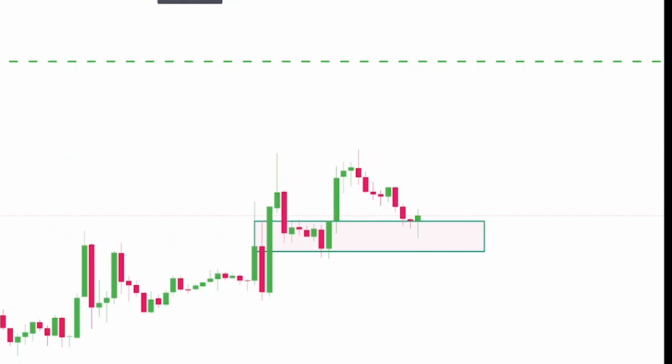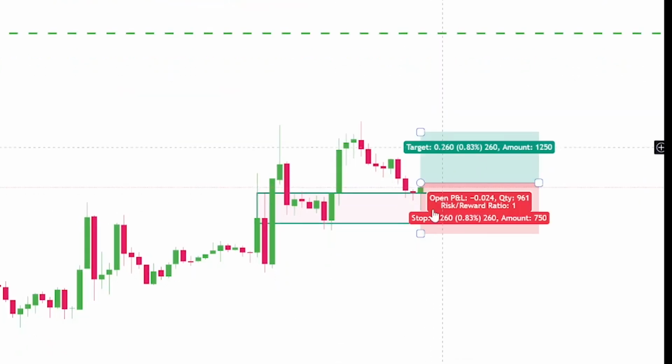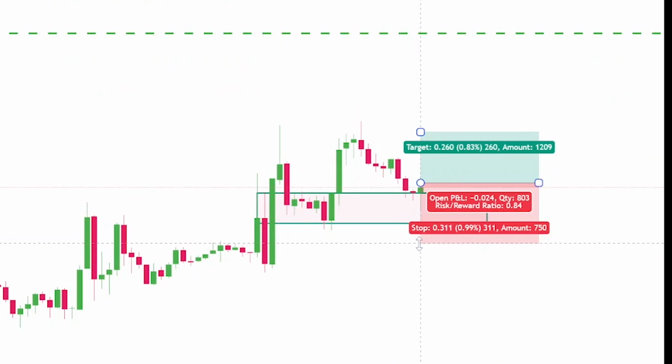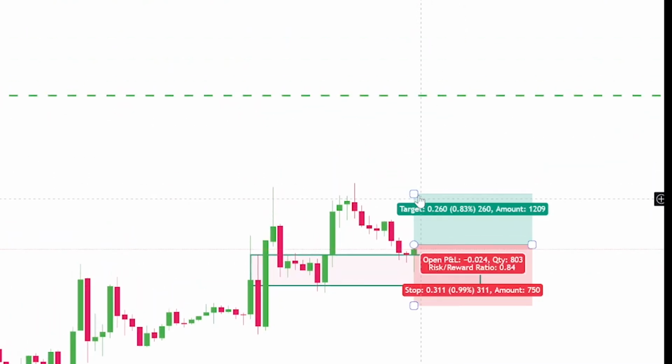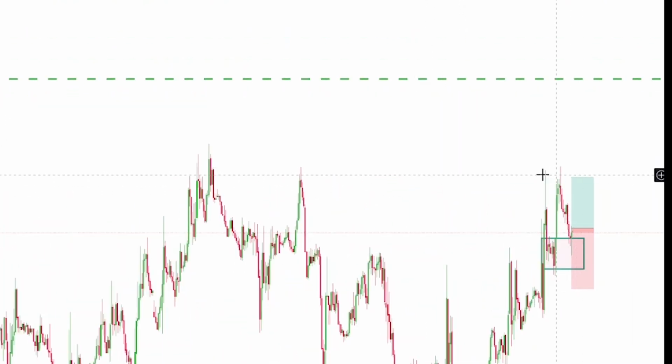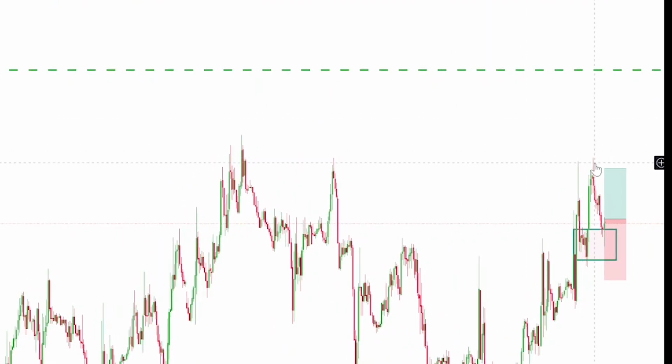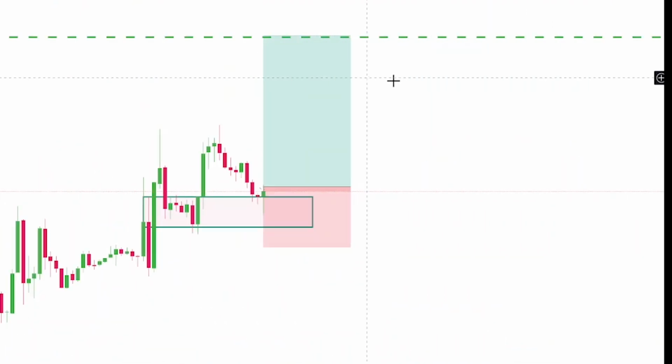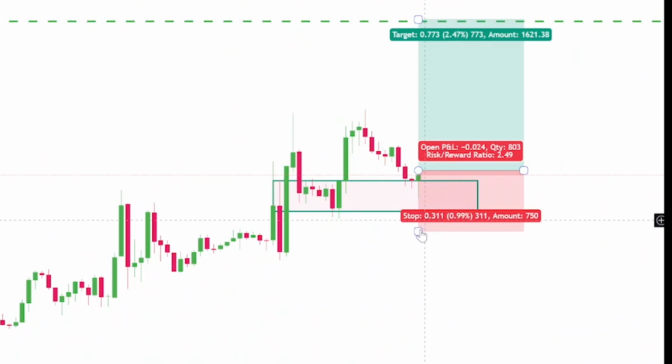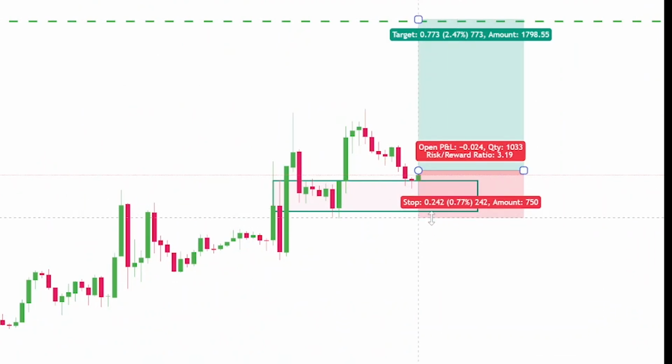Then we are taking a buy from that area, anticipating the market to continue in the upside direction. So that's where we take a buy from, anticipating the market to continue in the upside. TP from that area. Stop loss is below the previous low areas.